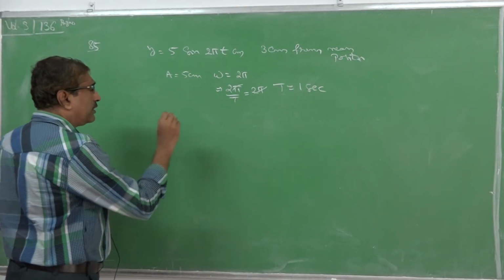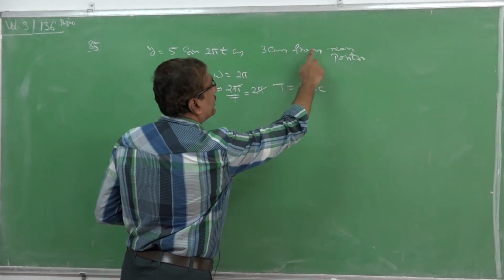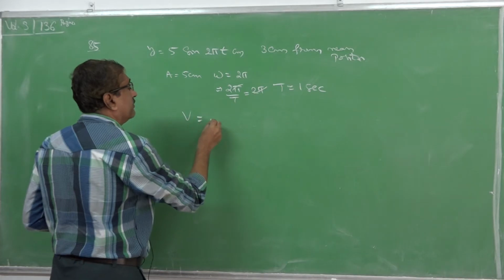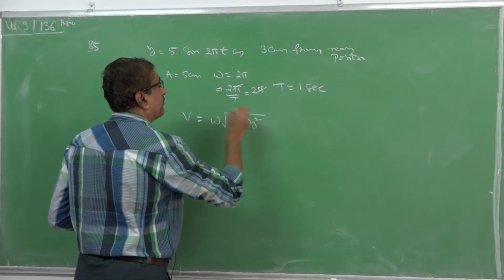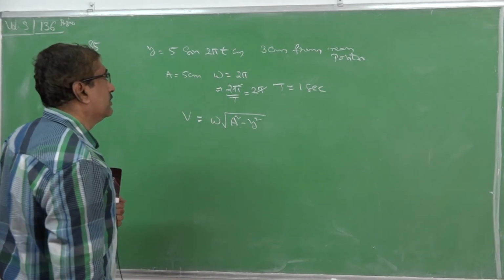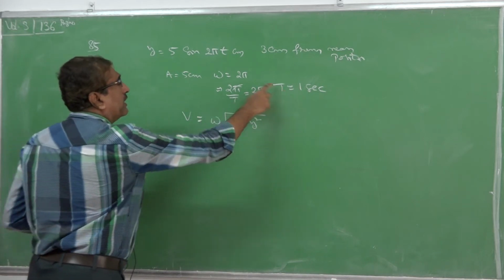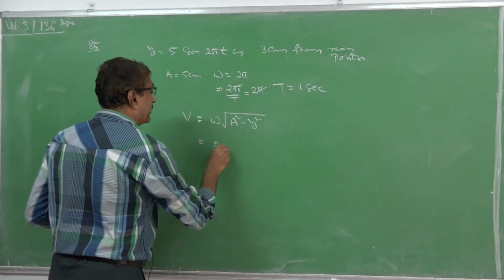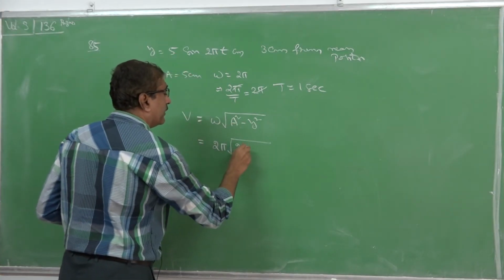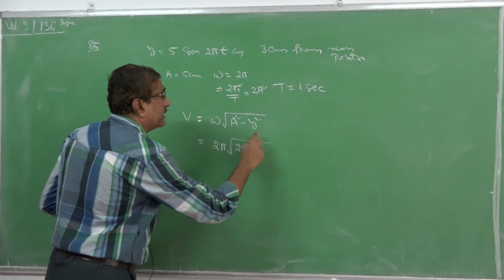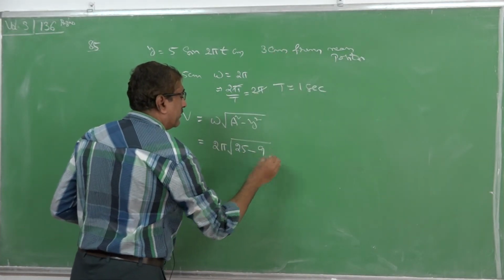Now we have to calculate velocity at 3 centimeter position from mean position. So velocity is given by omega square root of A square minus y square. Omega is 2 pi into square root of A square is 25, minus y is 3 centimeter from mean position, so 3 square means 9.